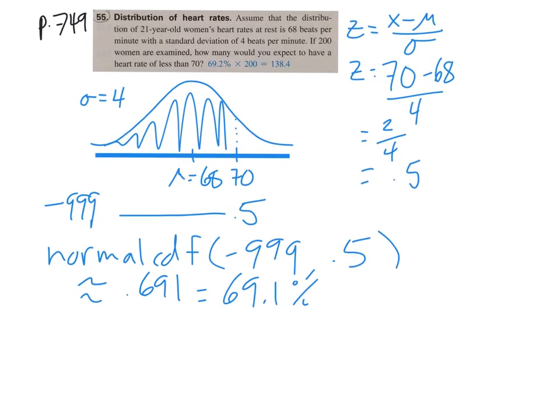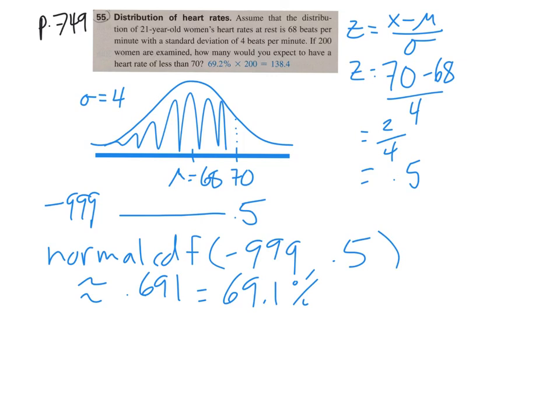Now, this actually wants to know, though, not what percent. It said how many would you expect to have a heart rate of less than 70. So out of these 200 women that they took, they want to know how many women exactly. Well, we can do that pretty easily. We know that 69.1% of the 200 women would be expected to have a heart rate of less than 70. So the question is, what is 69.1% of 200?